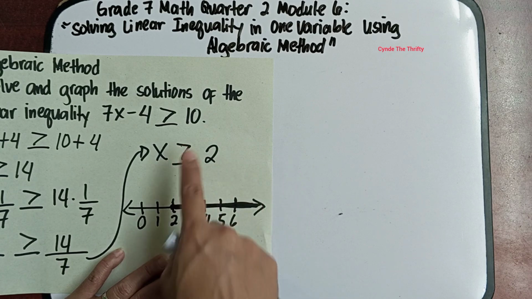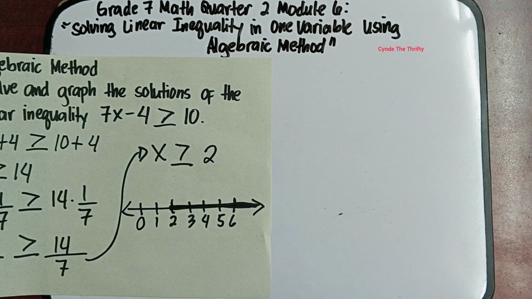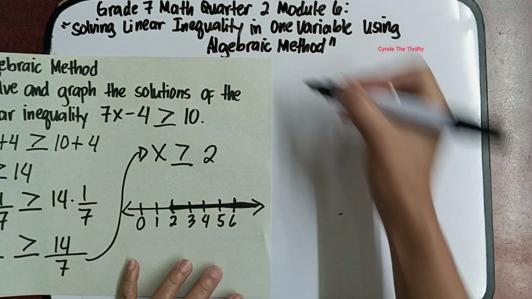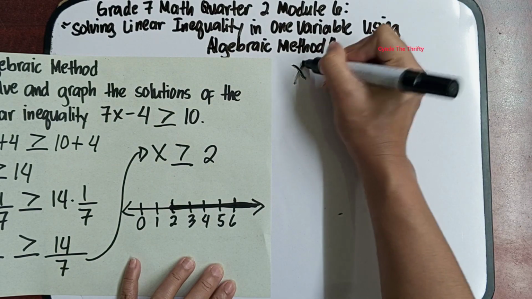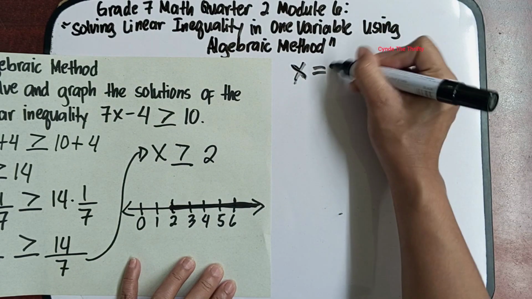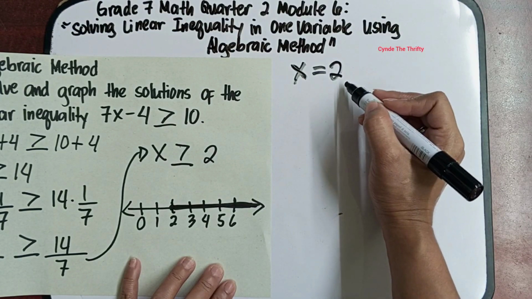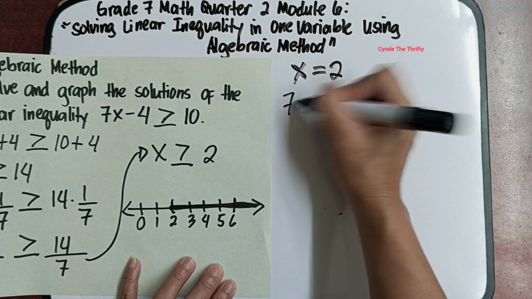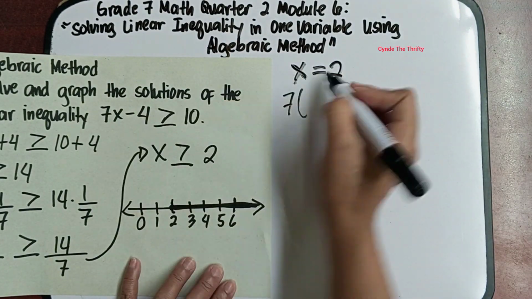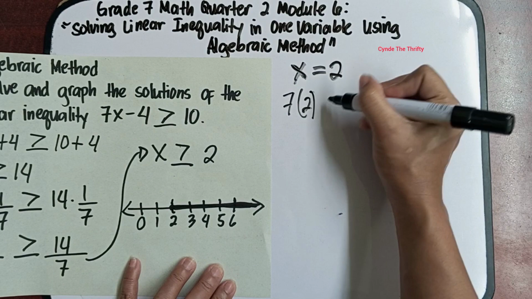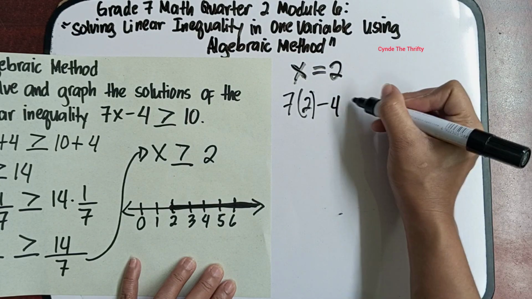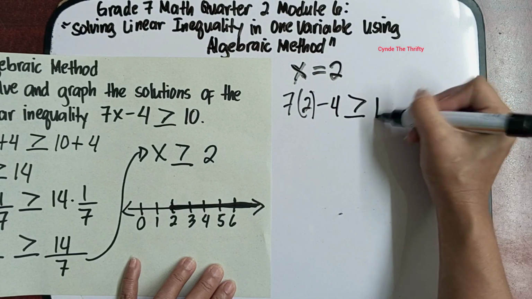kanyang solution. Okay, i-check natin kung tama ba ang ating sagot. So, kung si x, pagpalagay natin na si x is equal to 2 kasi greater than or equal to. So, kung si x is equal to 2, so 7 multiplied by the value of x na positive 2 minus 4 is greater than or equal to 10.